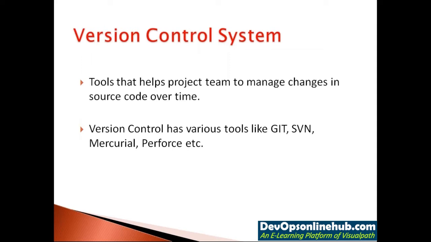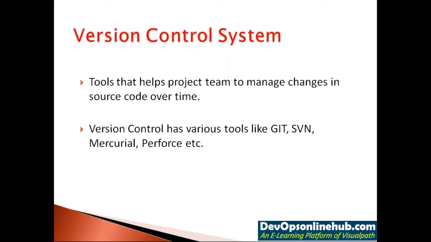Consider a scenario where one developer committed changes for login.php or login.html. Another developer, on the same day or another day, changes that file and saves. So how do we track the changes done by both developers?